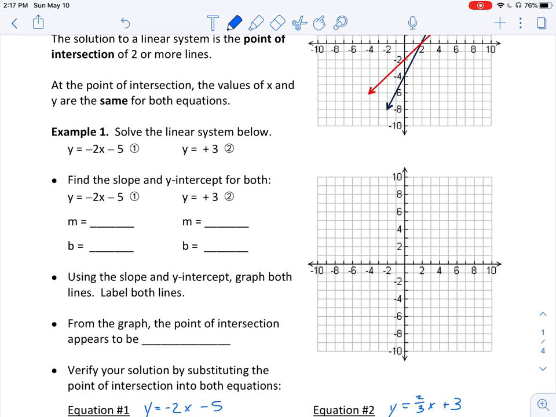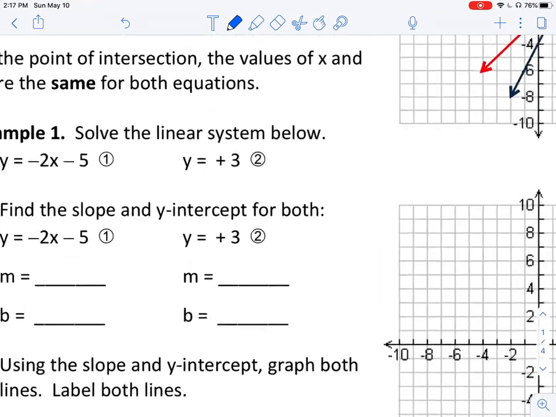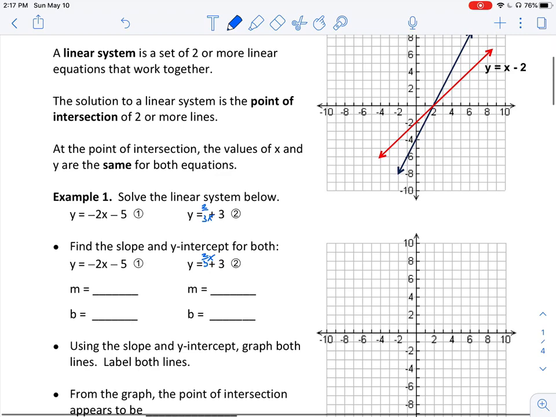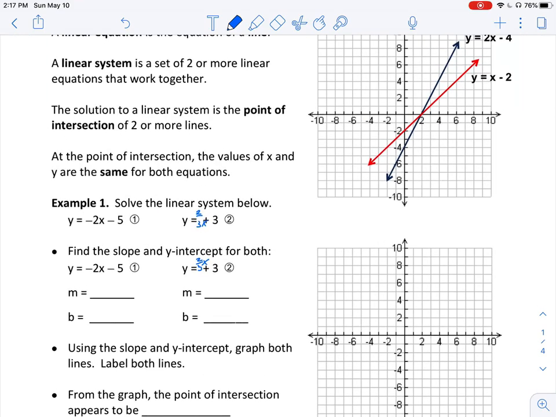equal to 2 over 3x plus 3. That 2 over 3x didn't show up for some reason. So, finding the slope and y-intercept for both. Our first equation here, y equals negative 2x minus 5.